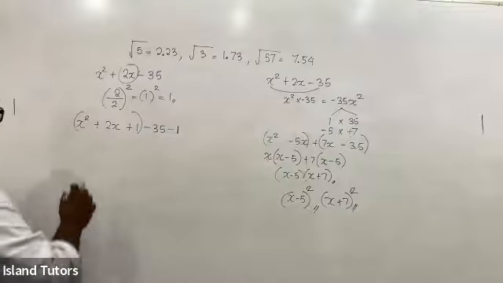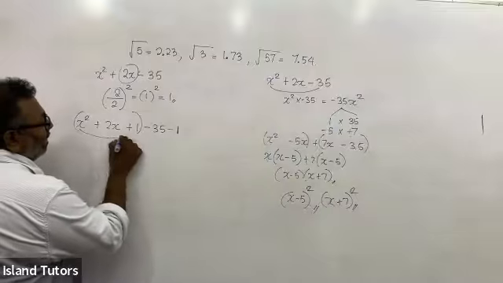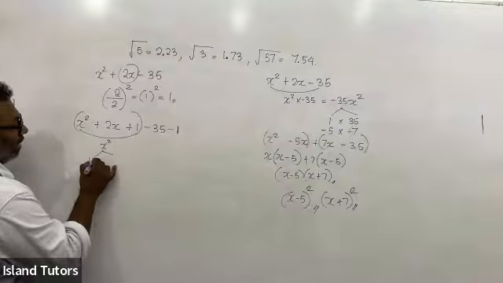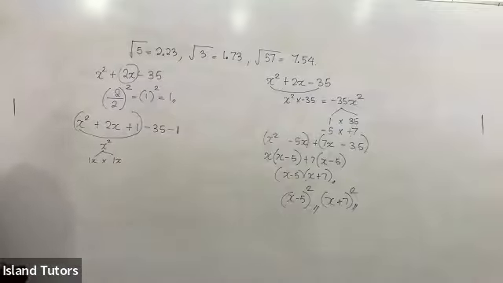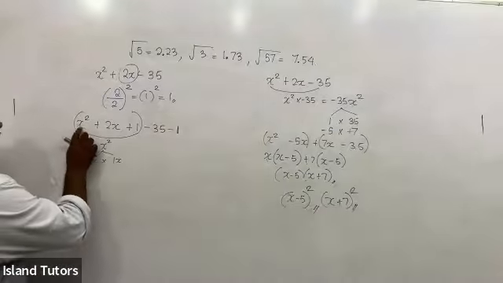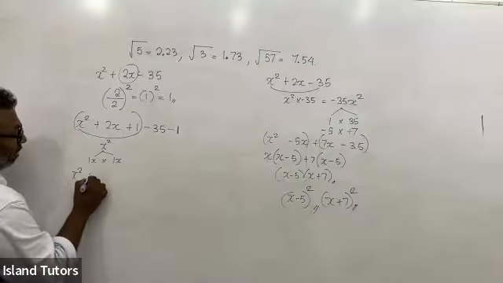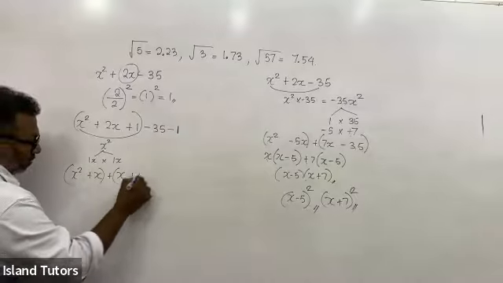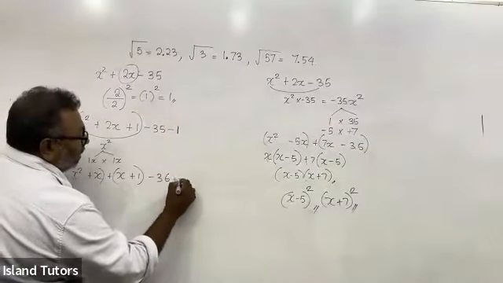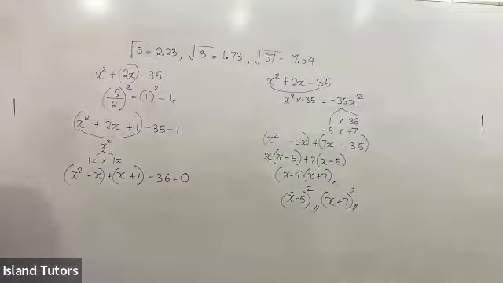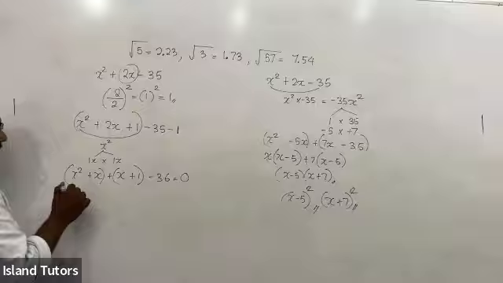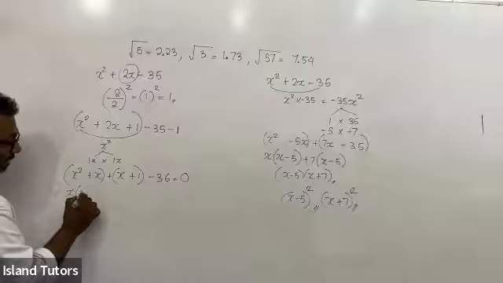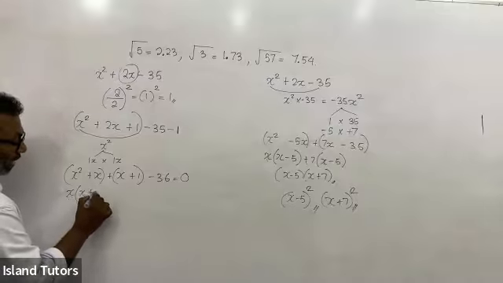Right. So now what we do, we'll take this: x squared into 1 is x squared. Factors 1x into 1x. So factorize x squared plus x plus 1x plus 1 minus 36 is equal to 0. Then x squared and x, common factor is x; x squared divided by x is x, x divided by x is plus 1.